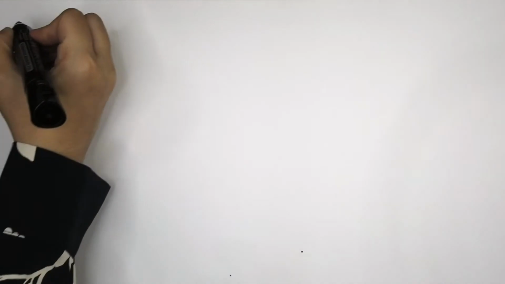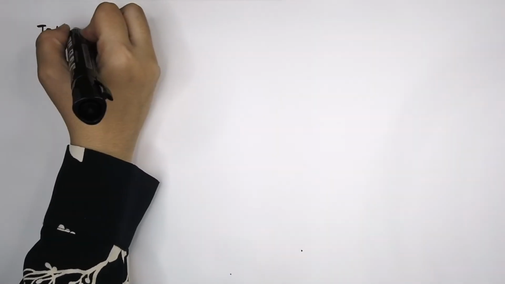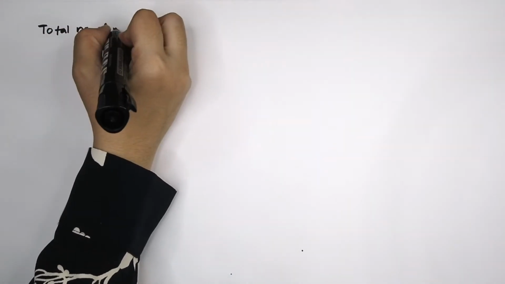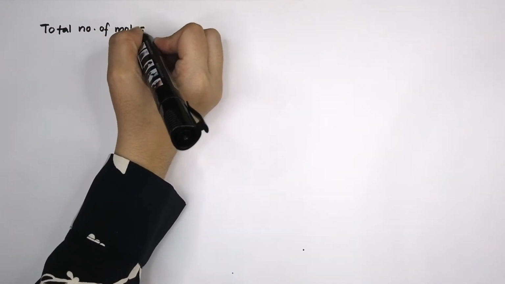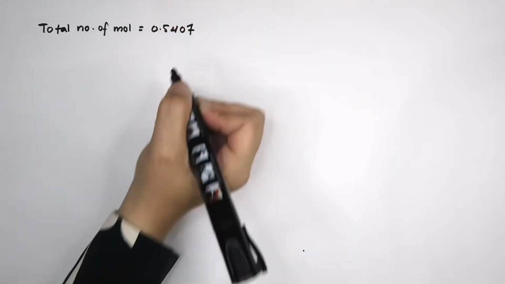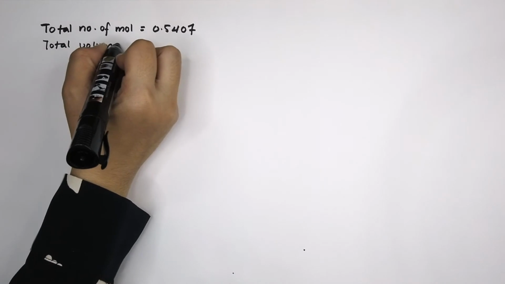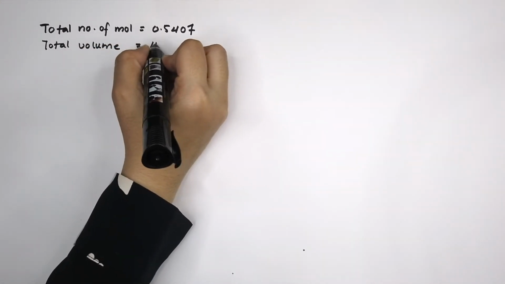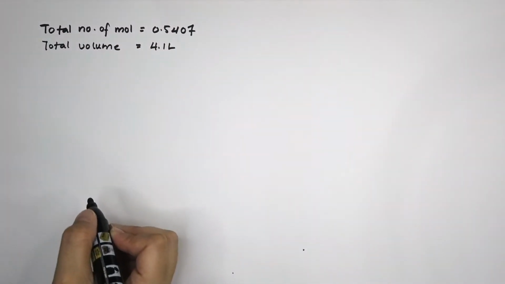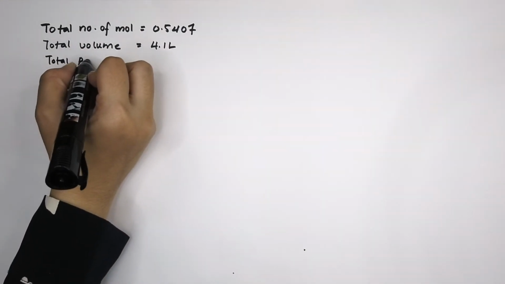So following up on all the values that we have, the total number of mole is equivalent to 0.5407, and then the total volume is equivalent to 4.1 liter, and then the total pressure.